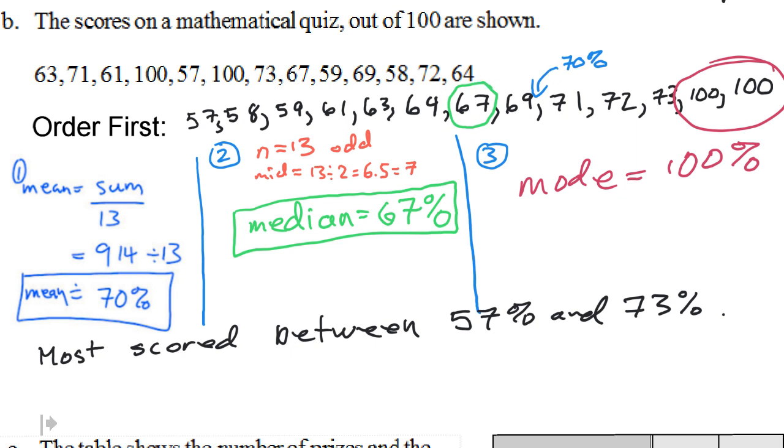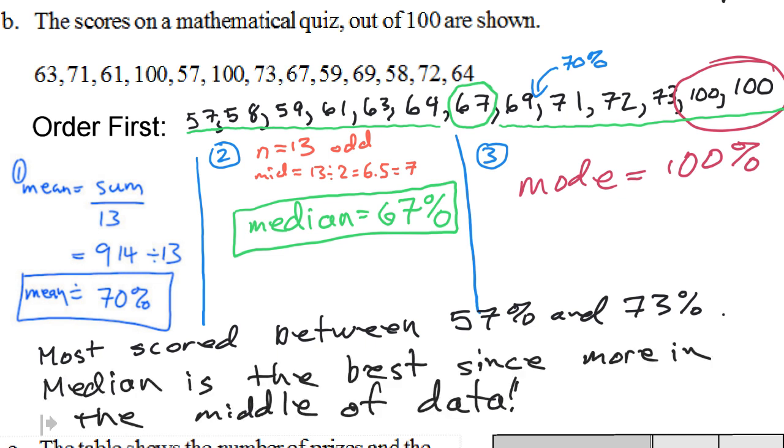And guess what? In this case, the middle number in our list basically ensures that we literally have half of the people above us and half of the people below us, which means that the median is the best of those grades. And now let's move on to part C.